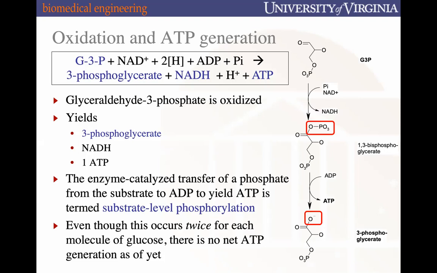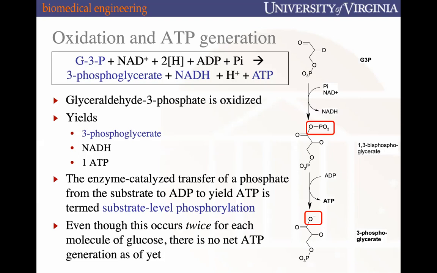And so this transfer of a phosphate group to ADP to make ATP, with the substrate being 1,3-bisphosphoglycerate, the ability of an enzyme to act on it and mediate the transfer of a phosphate group to ADP is called substrate level phosphorylation, where the substrate of the enzyme is mediating phosphorylation.